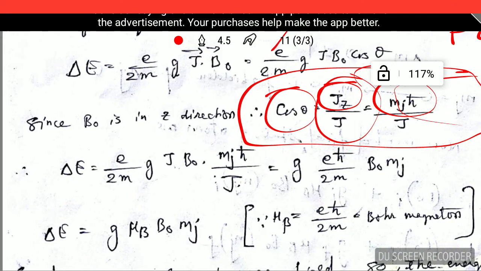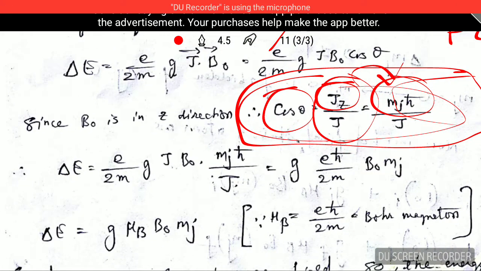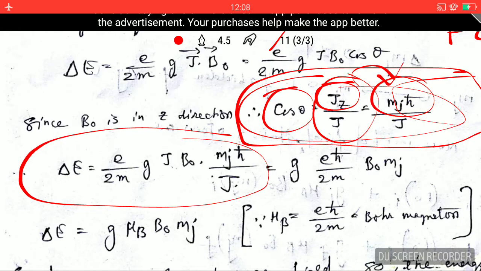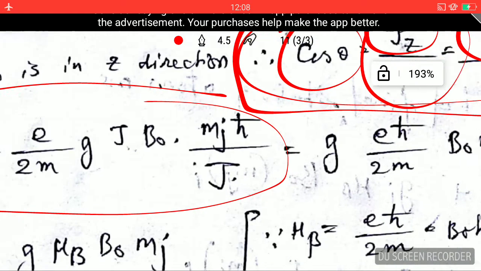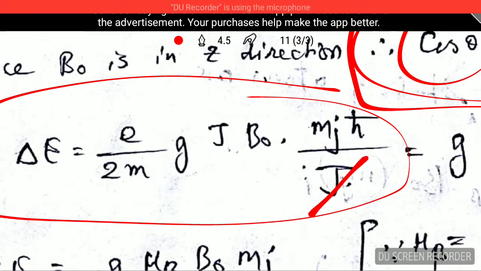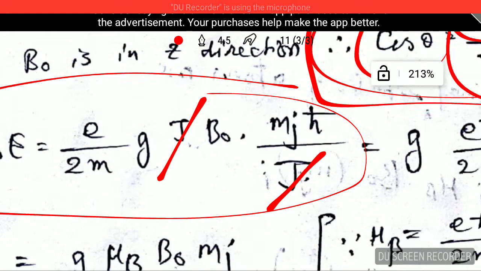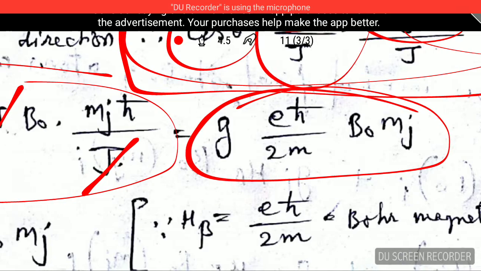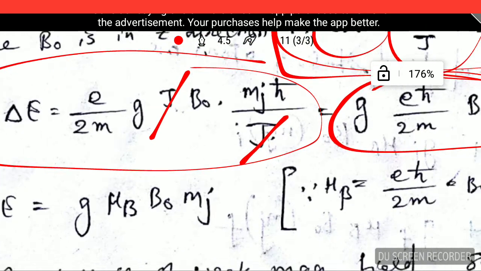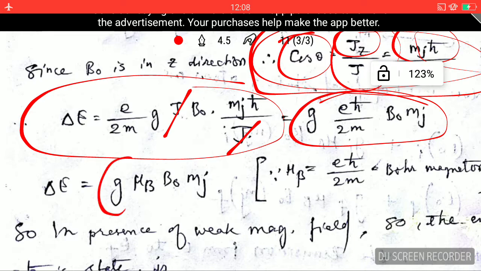Now let's put these values back in our equation and we get this equation. There are many things that will cancel out. The first thing that will cancel out is the J, and then the remaining terms can be rearranged like this. In that equation g is written as it is.